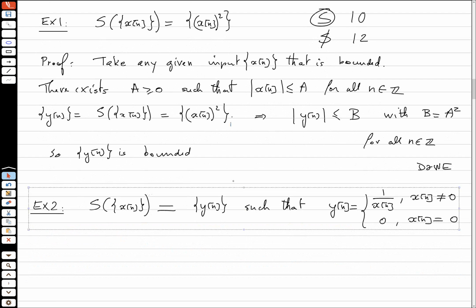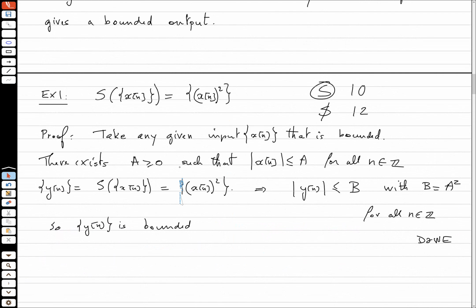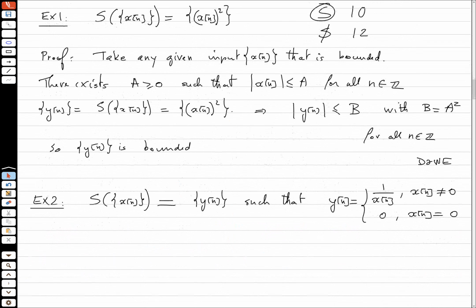Okay, if you get confused with example 1, then example 2, you will die. Everybody is okay for example 1? Okay, so let's have more fun now. Even more fun.